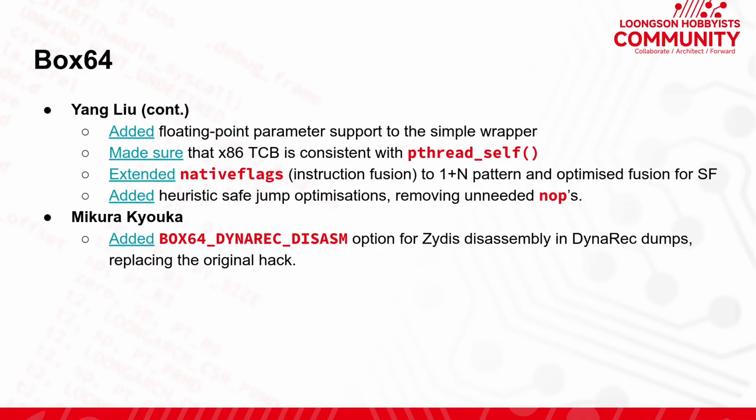We can infer the information from the x86 world and determine whether we have to use the safe jump or not. If we don't need to do the safe jump, we can remove some unneeded knobs.